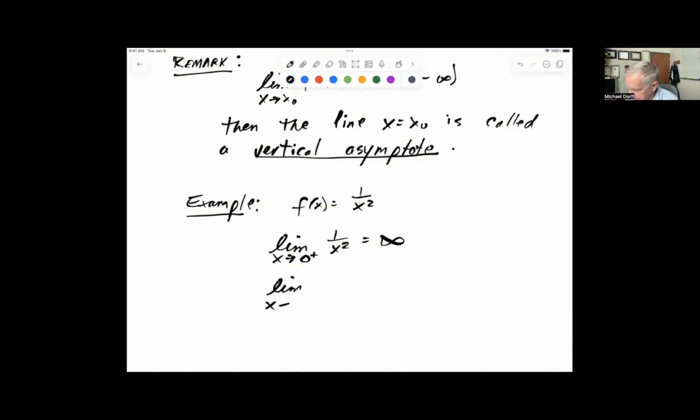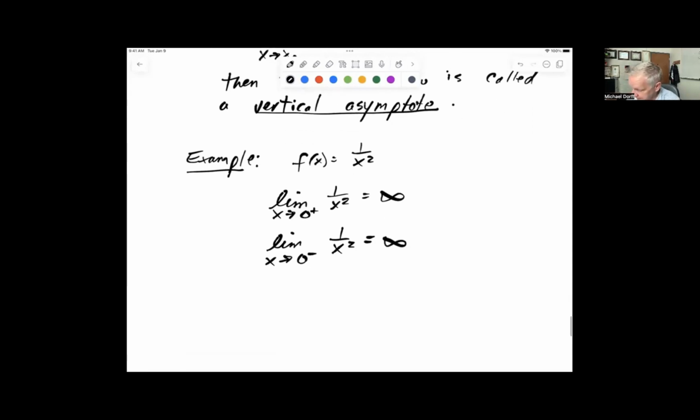I look at x going to 0 from the left, and I get a non-zero number over 0. So I have infinity, negative infinity, or does not exist. I put in a number a little bit less than 0. I get a positive on the top and a positive on the bottom again. So that's infinity. This means the limit as x goes to 0 is infinity.